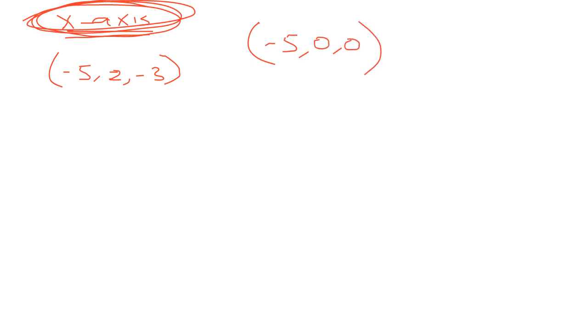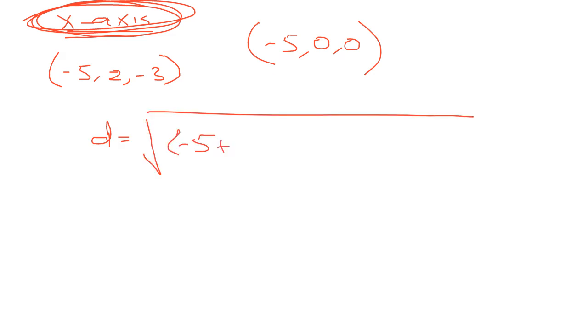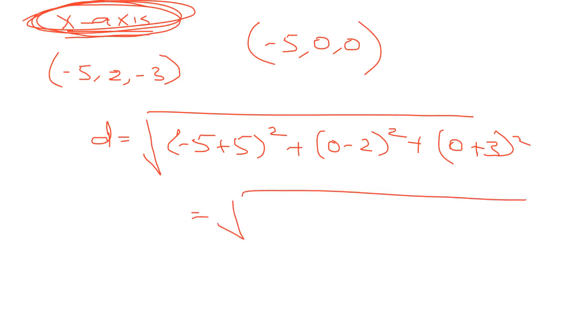Now substitute the point: the square root of -5 plus 5 whole square plus 0 minus 2 whole square plus 0 plus 3 whole square, which means the square root of 4 plus 9, equal to the square root of 13. So the distance is the square root of 13.